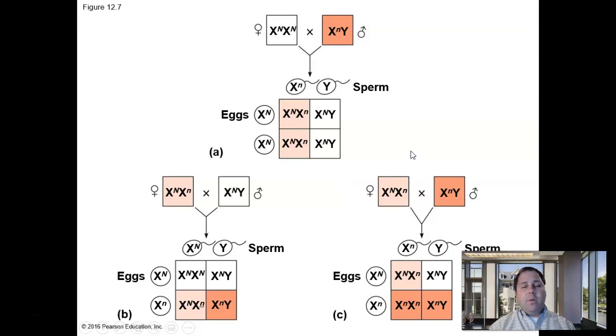Sometimes students wonder, how could a female ever get one of these X-linked recessive traits? And that would happen if the mother was a carrier. So here's a heterozygous mother and a hemizygous recessive father. That means that of the girls, half will be carriers, heterozygotes, and half will be homozygous recessive. Of the boys that this cross generates, half will be dominant and half will be recessive.